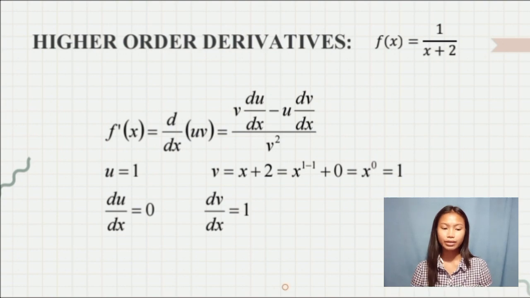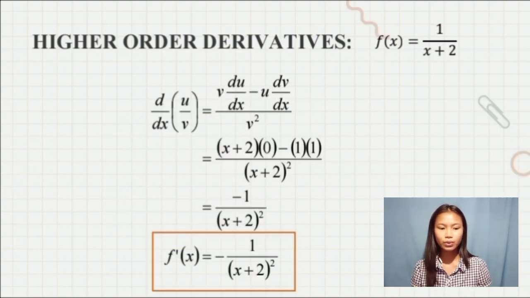For the second function, x plus 2, automatically the number 2 will become 0. So the x has an imaginary exponent of 1. So 1 minus 1 equals 0, and x to the power of 0 equals 1. Then the derivative of the second function v is 1.